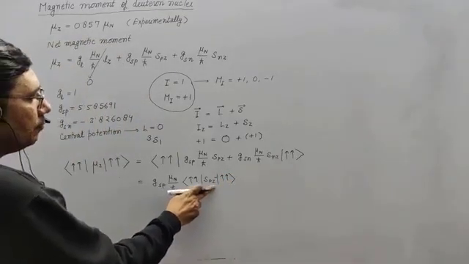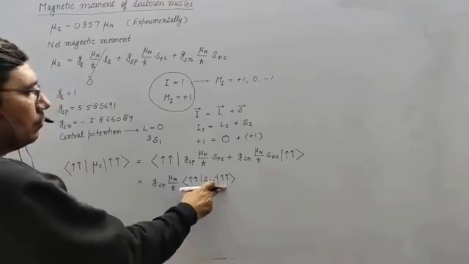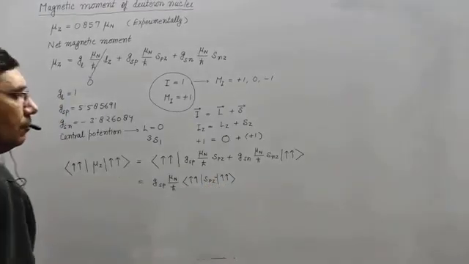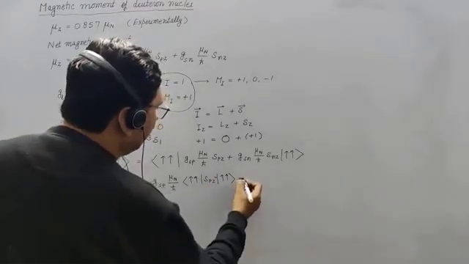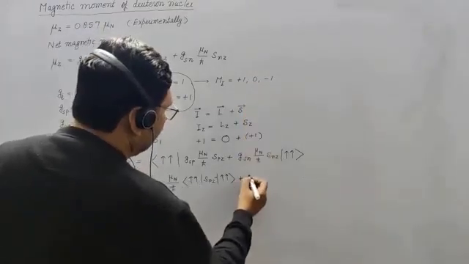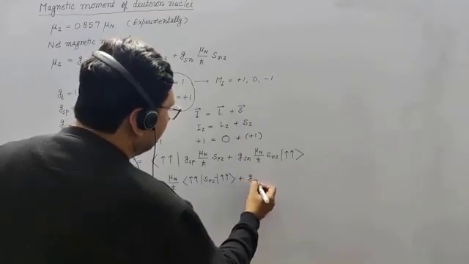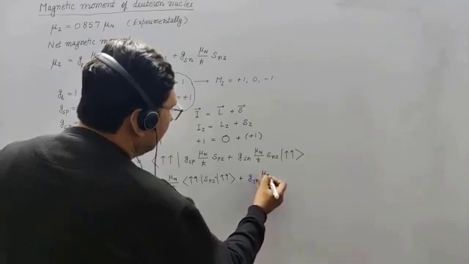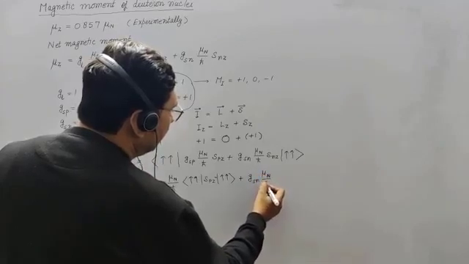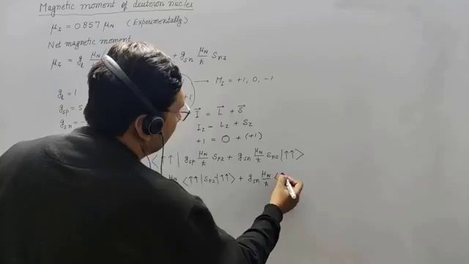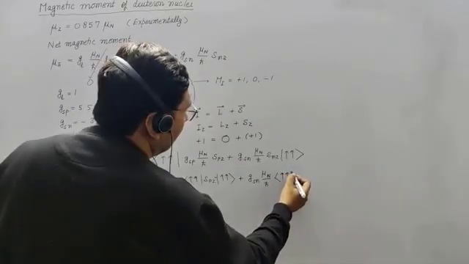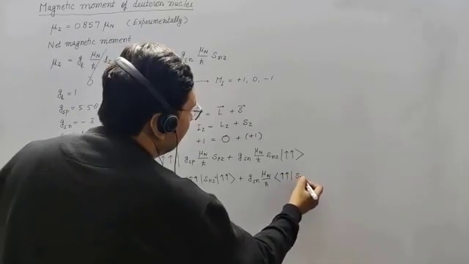When the spin operator for the proton operates over this, we will get h cross by 2 plus h cross by 2. So plus GSN mu n upon h cross, this will be SNZ, like this.